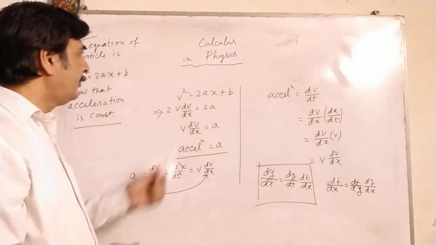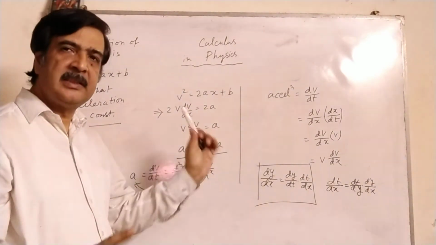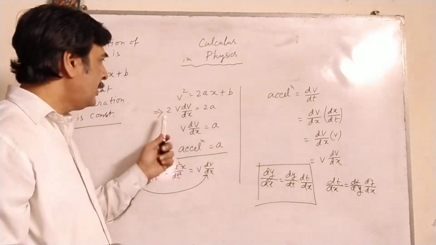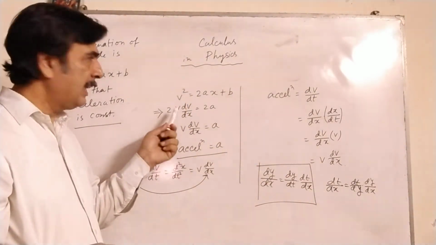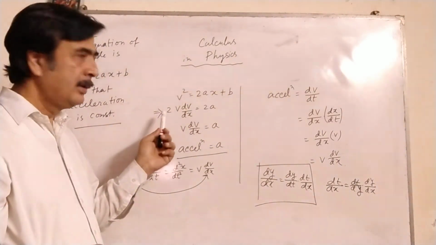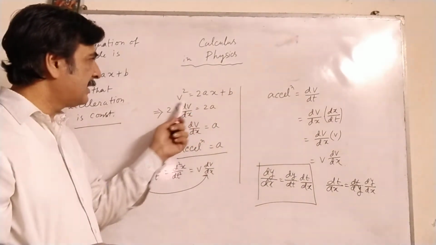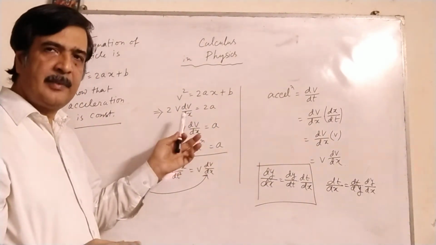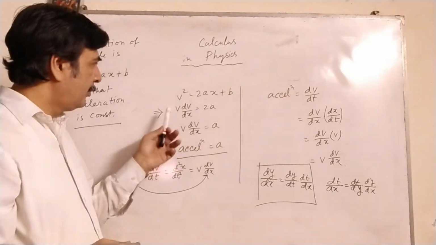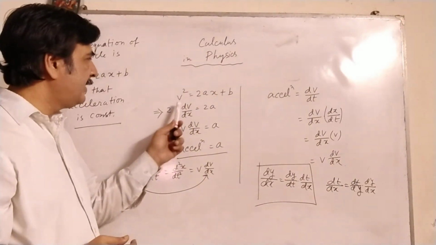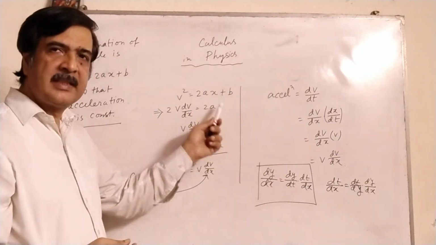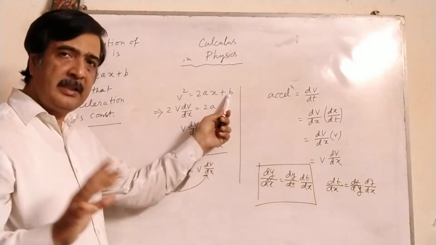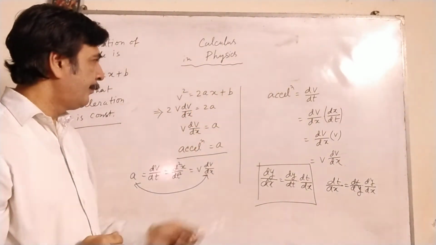See, v square is equal to 2ax plus b. When I am differentiating, 2 will come in front and the power will be reduced by 1. Now with respect to x I am differentiating, so dv/dx is coming. So 2v dv/dx is equal to 2a, since differentiation of x is 1, and differentiation of b, which is only a constant, is 0.